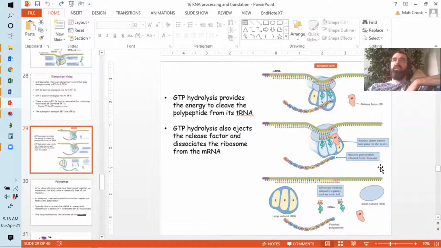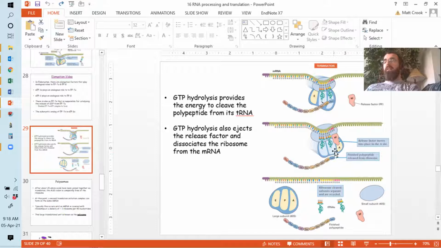So GTP is the key energy component for protein synthesis, at least the actual turning of the mRNA into a polypeptide sequence. Obviously, ATP is also used for charging the tRNAs as well. So the ribosome translocates over one more, and there's a stop codon in the A site.